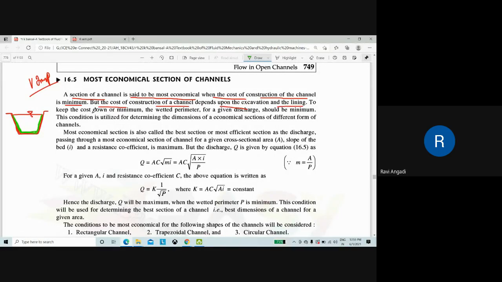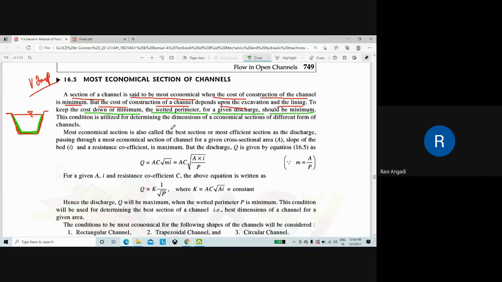But to keep the cost down or at a minimum, the wetted perimeter for a given discharge should be minimum. The wetted perimeter, you all know what is the definition of wetted perimeter? Can anyone tell what is the definition of wetted perimeter? Contact between water and layer.